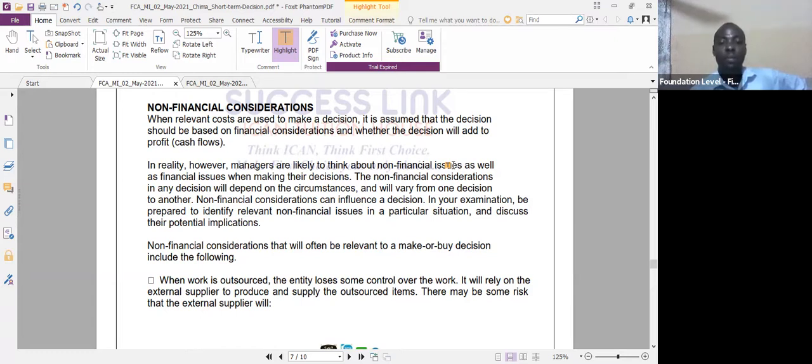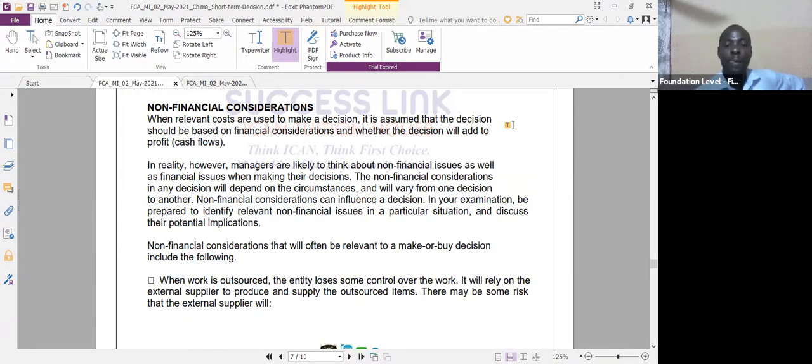All right, so when relevant costs are used to make decisions, it is assumed that the decision should be based on financial consideration and whether the decision will add value or will add to profit, which is cash flow. Managers are also likely to think of non-financial issues as well. The non-financial issues in any decision will depend on the circumstances and will vary from one decision to another.